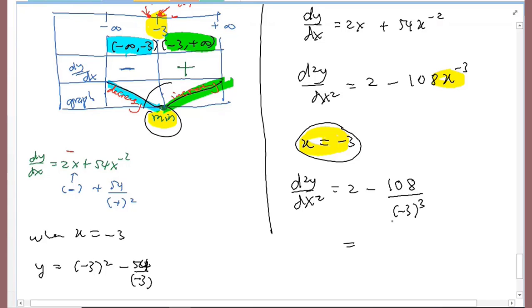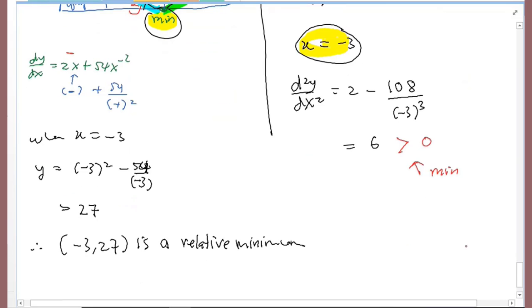Oh, positive. 6. Right, 6. Okay, this is more than 0. More than 0, to show that this is a minimum.